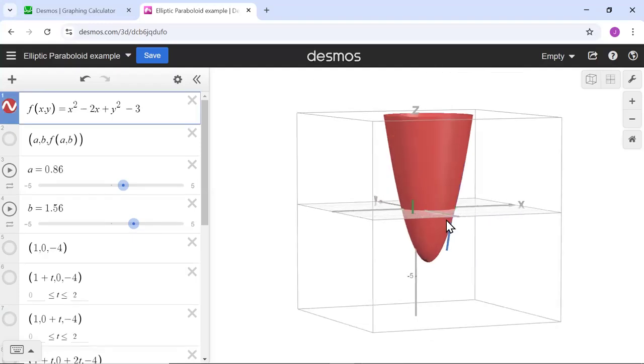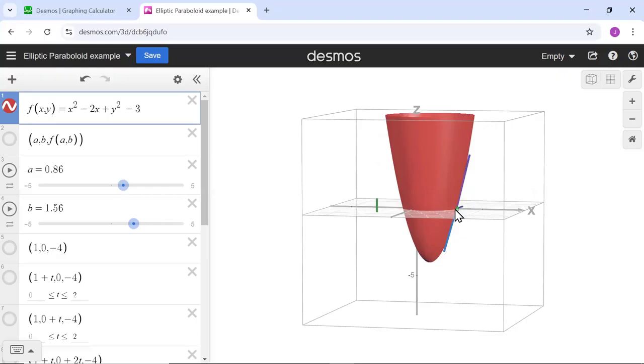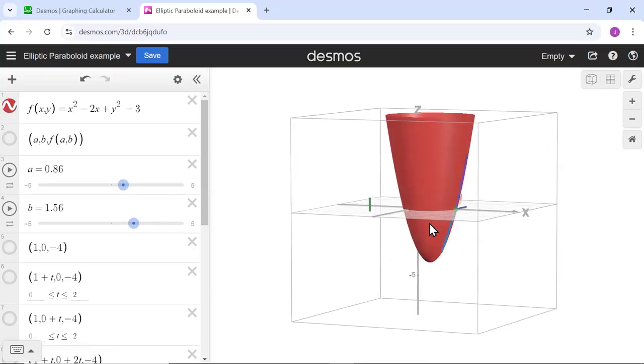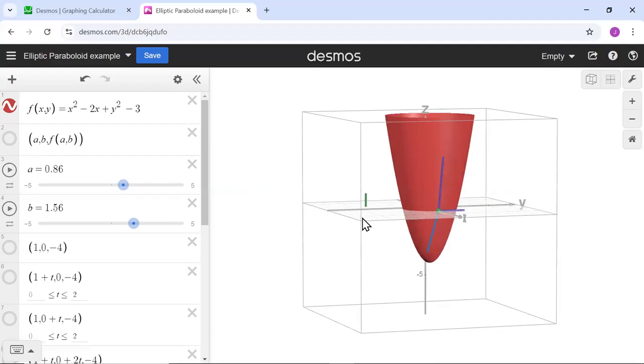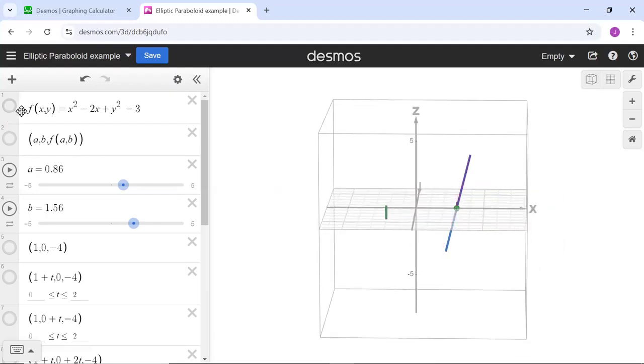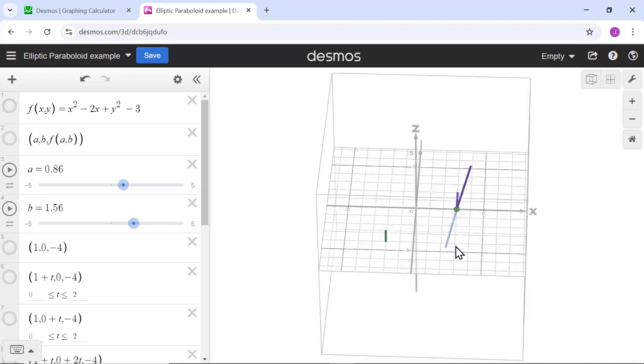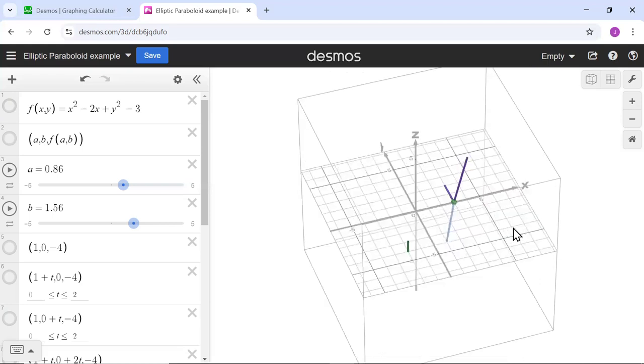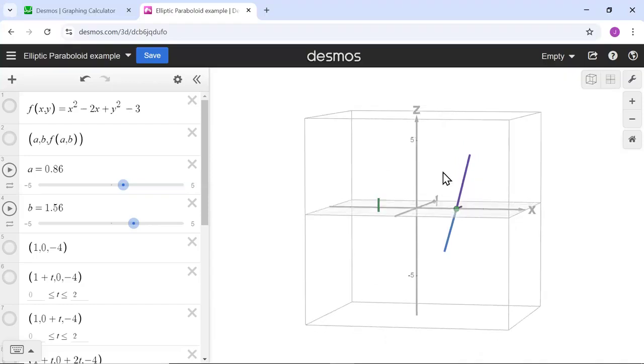Well, as this point moves towards here, we actually should go down. And initially, the initial direction is down. And if you look at this, it is in the same plane as our f sub y and f sub x, same plane.